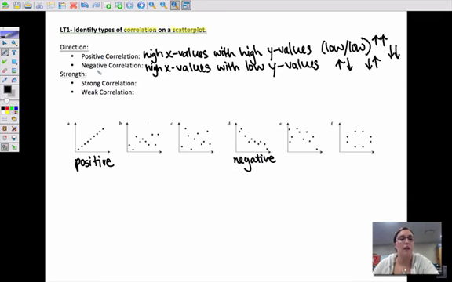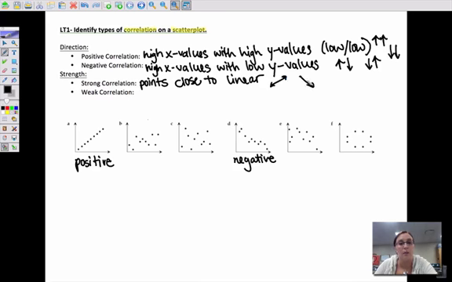The other thing we're going to look for when we're talking about correlation is its strength. A strong correlation has points that are close to linear. Linear means in a line.